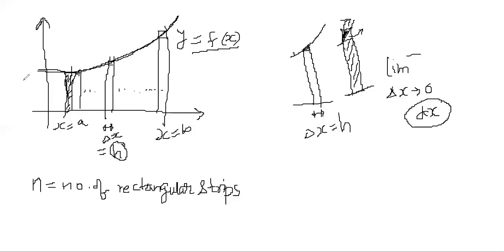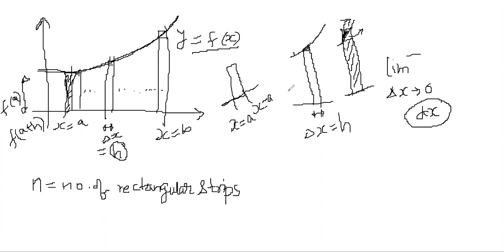And what is its height? So if we talk about the height here, the value of the function at a can be taken as its height. Or you can also take the value of the function at a plus h, because at one end, in this rectangle, the first end of the rectangle is the point x is equal to a, and after a width h, another point is x is equal to a plus h.